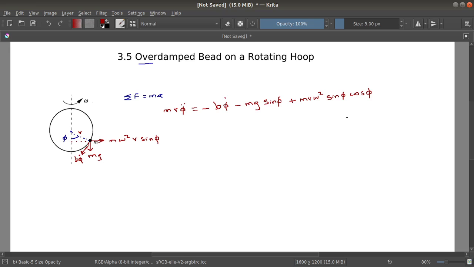But if you notice, this is actually a second order differential equation, whereas we have so far seen first order differential equations. Now the claim is that it's an overdamped bead. The viscosity is so high that the acceleration term is negligible. Under that condition, I'm going to neglect this term and proceed with the remaining terms.